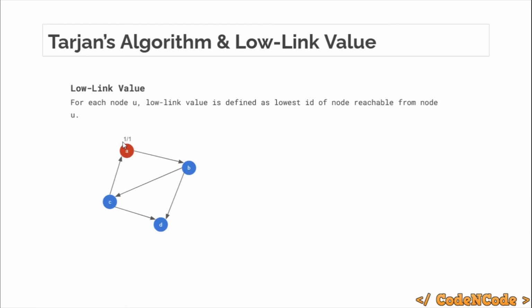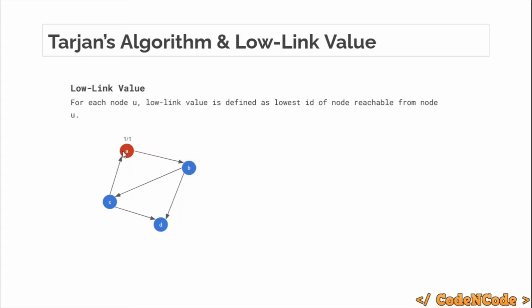If I explain this as a fraction, the numerator represents the arrival time and the denominator represents your low link value. When you reach a certain node, its low link value is initialized with its arrival time. So arrival time or in time is 1, and so is its low link value.